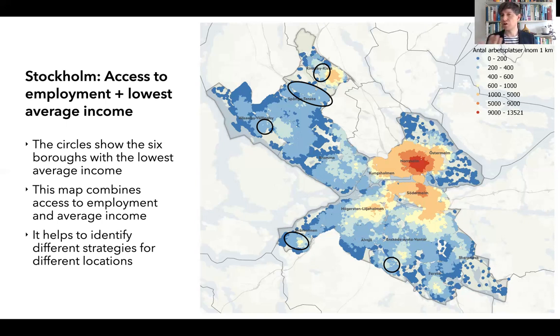So maybe it's more about public transport and seeing how people in the neighboring areas can access those jobs. And in other parts of the city where the jobs are very far away, it's about finding another strategy. But this is, I find, an interesting way of combining 2 data sets in one map to understand and see patterns that you would not see if you just look at the statistics as an Excel sheet or a spreadsheet of data.